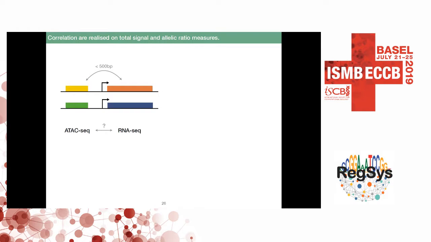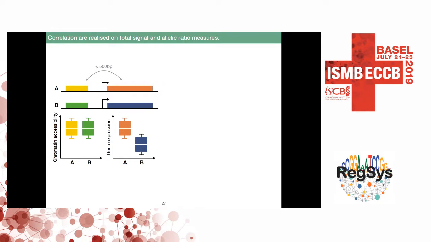So we assign, for example, an ATAC peak to a given gene if they're closer than 500 base pairs together. And once you're assigning your different features together, you can just take the allele-specific data you have for each of them. So in this story example, you have a high chromatin accessibility for both alleles, but you have one of the 2 genes that has a low throughput in gene expression.